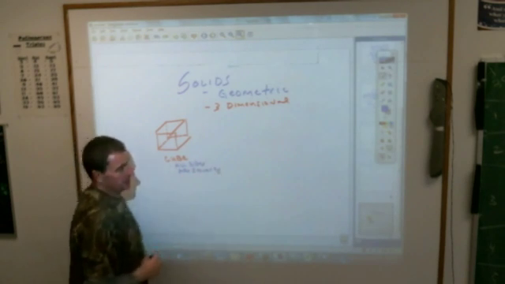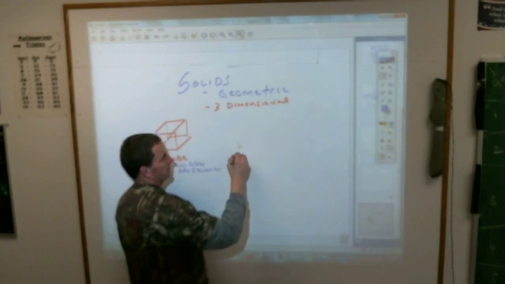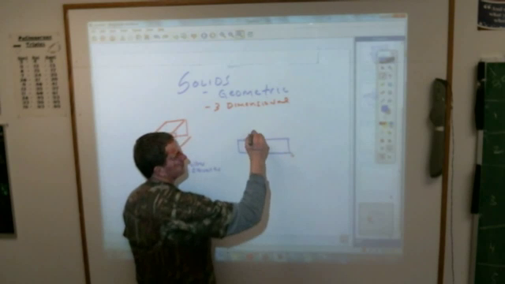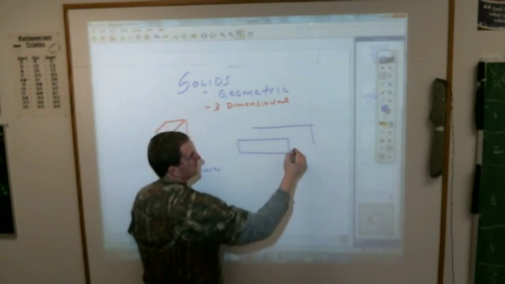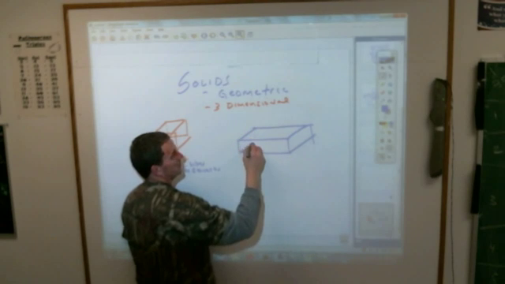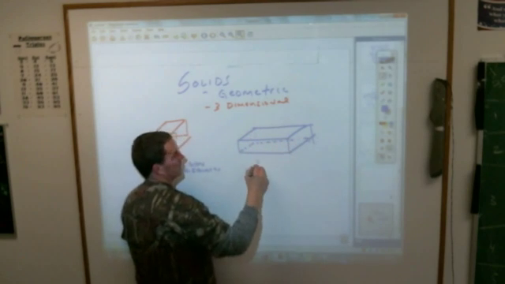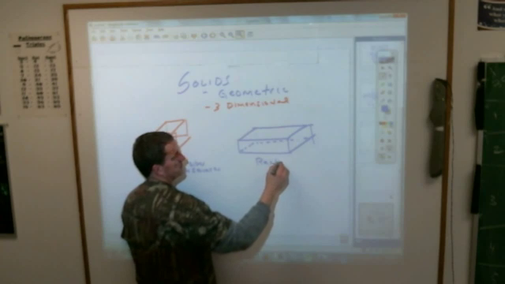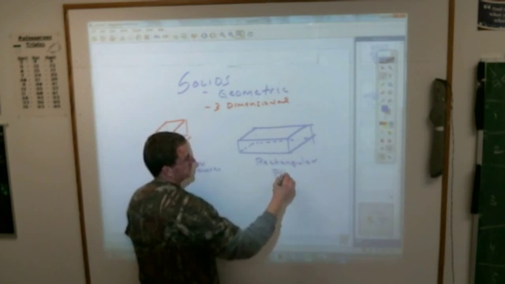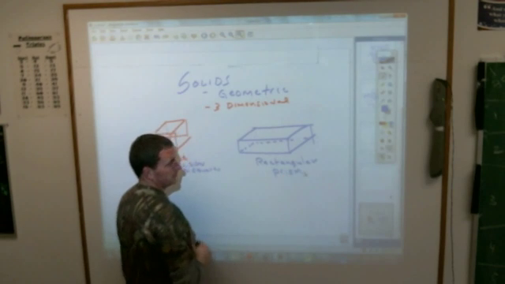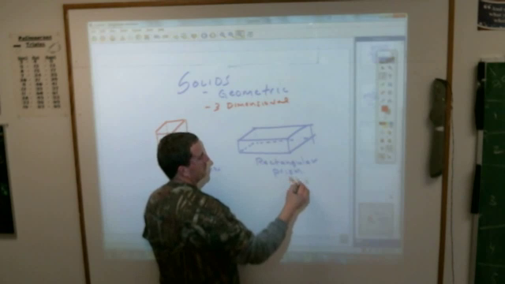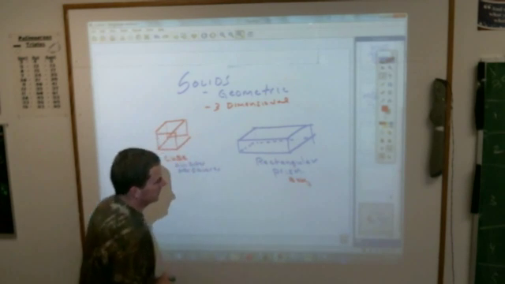Otherwise, if it's not all squares and it's actually made up of all rectangles, then that shape is what we call a rectangular prism. Really, we usually call this a box sort of shape.